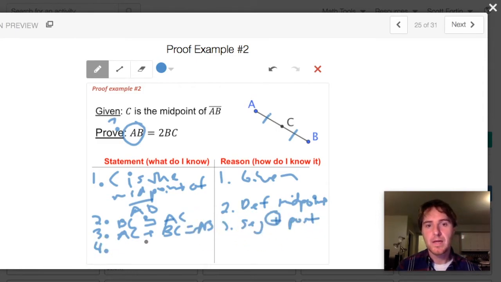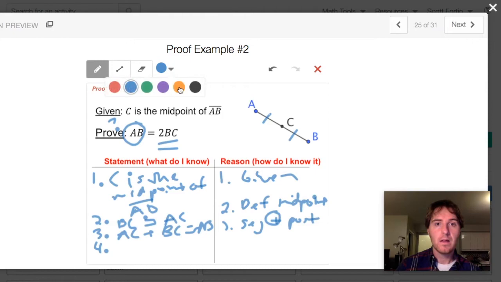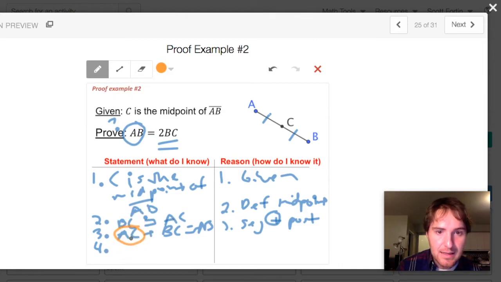Step 4. So now I got AB right here. I got BC right here. My goal is I want to get 2BC. I have BC right here, but I got to add AC to it, and that's what's equal to AB. So question, what can I do? Well, it looks like we're doing the substitution property of equality again here. This should be clearly substitution, not transitive, because we don't want to say AC plus BC equals AB.